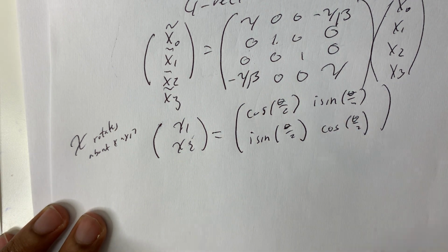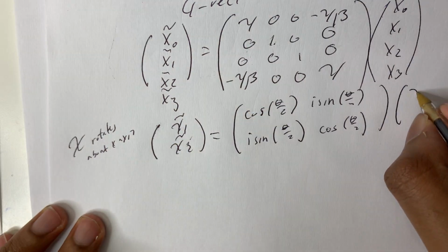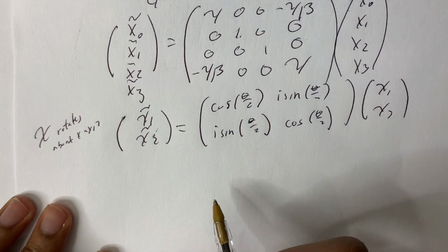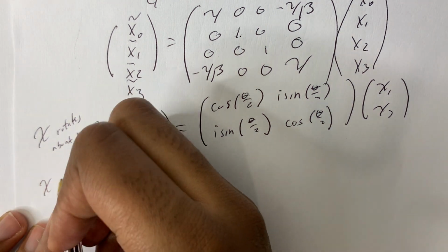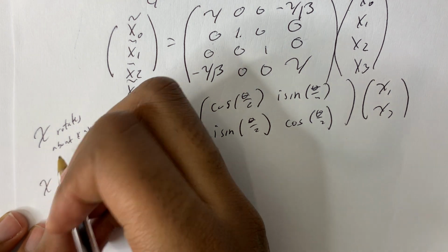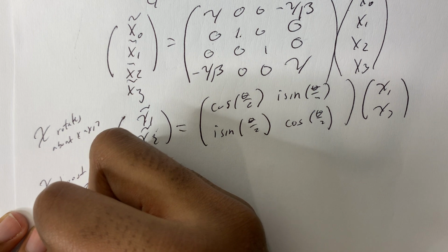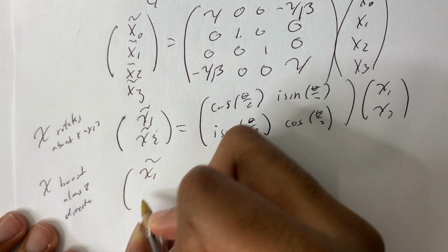So symmetrical, right? And then of course times the original left chirality Weyl spinor, these should be tildes. Okay, so what about how chi changes under a boost along the z direction? That's going to be chi 1 tilde, chi 2 tilde.